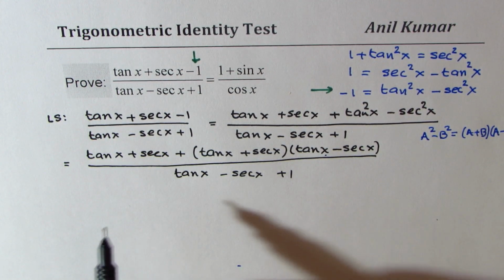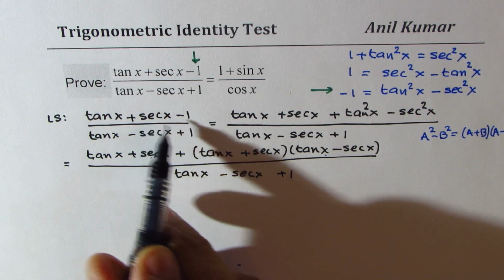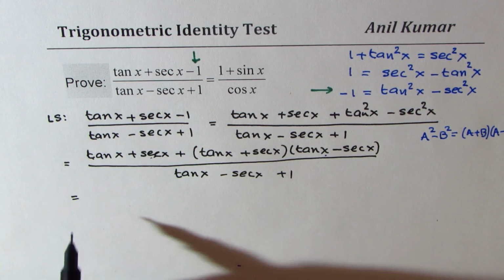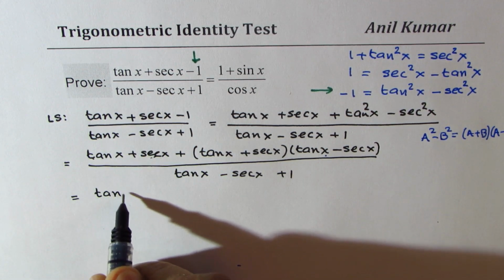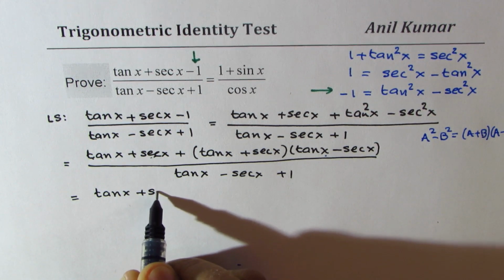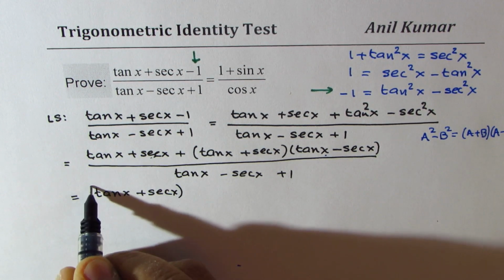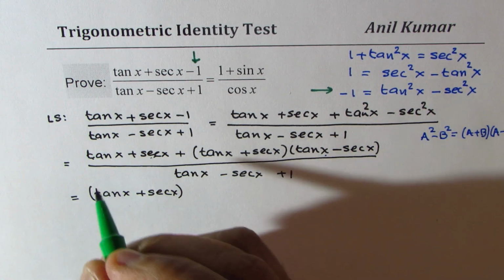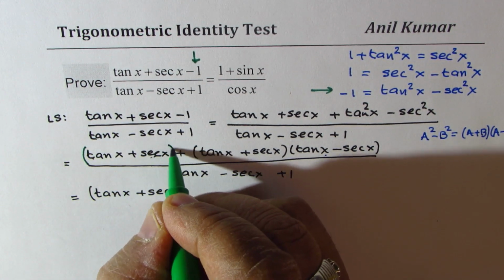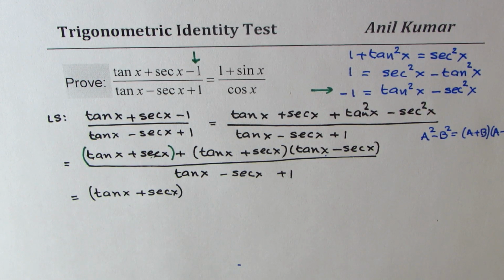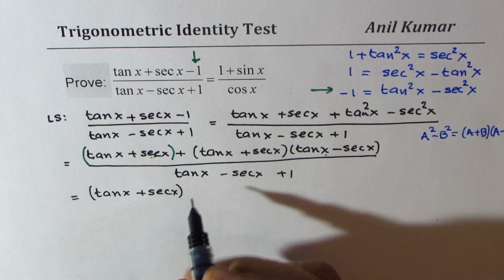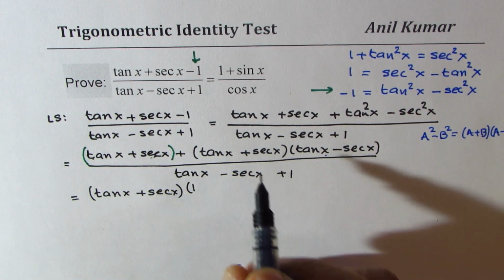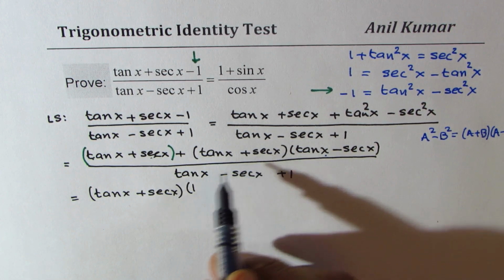Now as you can see, tan x plus secant x is common. So we'll factor this out. So we get tan x plus secant x, and from these two terms we get 1. Tan x plus secant x has been factored out.